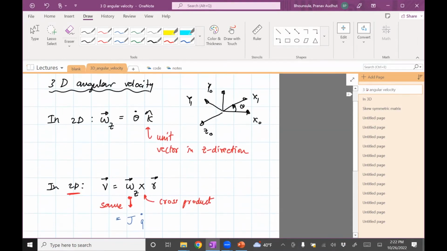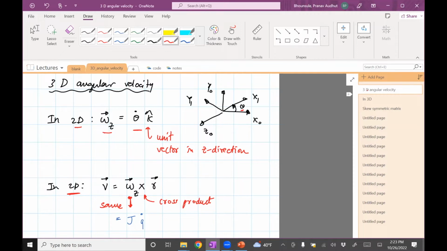Now let's move to the angular velocity. We have omega Z equals theta dot K, and that theta dot is the angle turned about the Z-axis. Now, how did we write the angle turned about the X, Y, and Z-axis? We used the Euler angles.